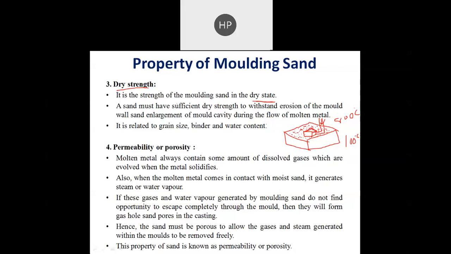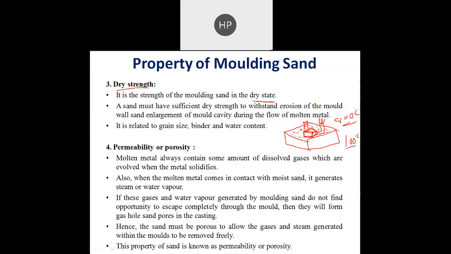whatever moisture is all around this pattern will convert into steam or vapor, and it will go into the environment, because it requires only 100 degrees Celsius, while the temperature of that molten metal is very high compared to that.